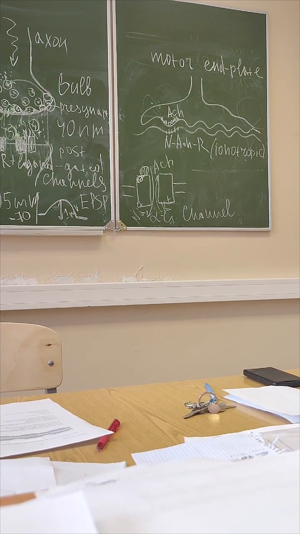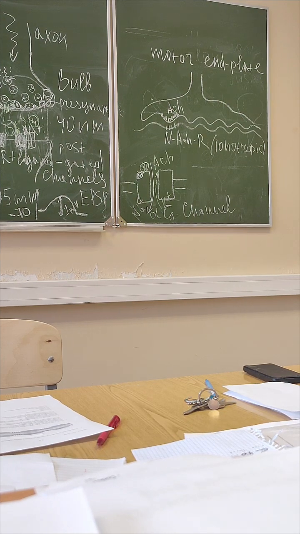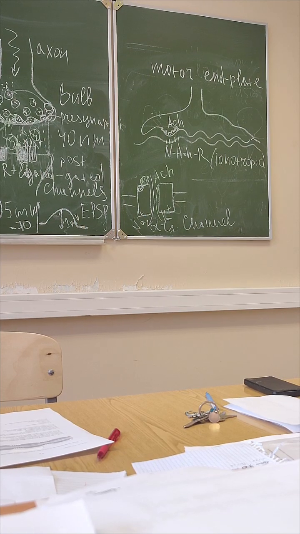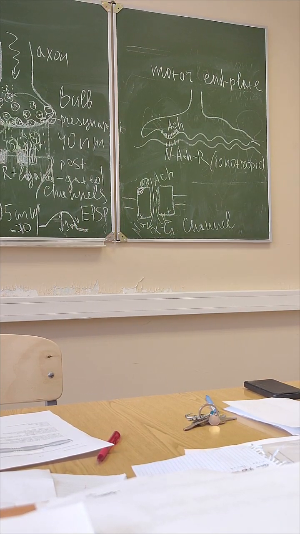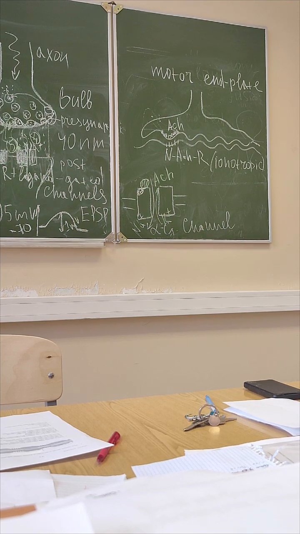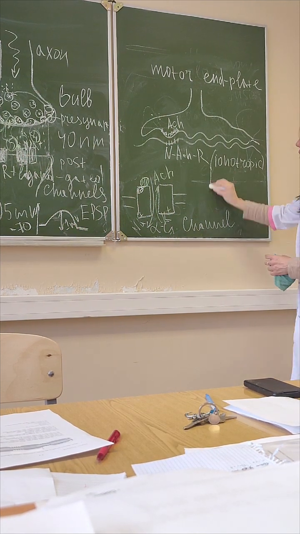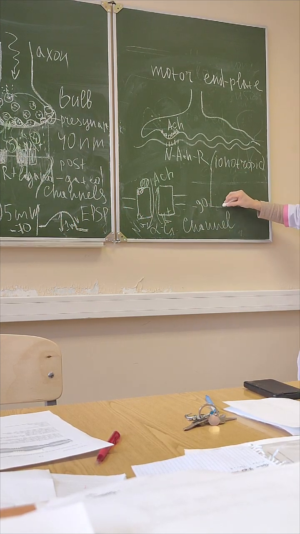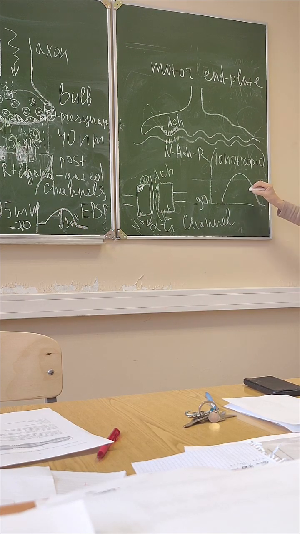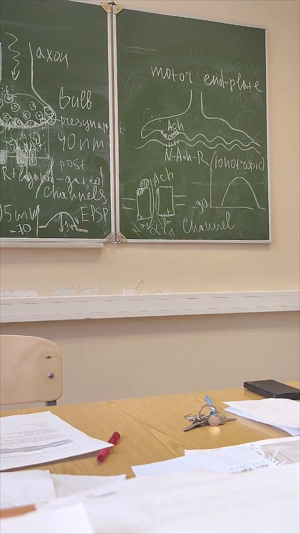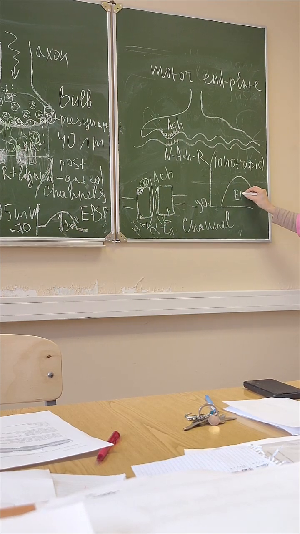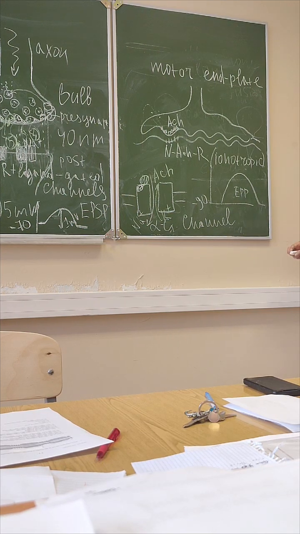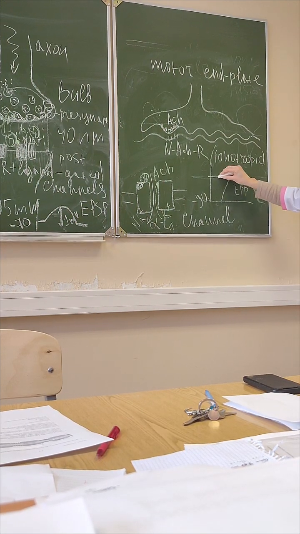The end plate contains a lot of vesicles releasing neurotransmitter during synaptic transmission, and a lot of nicotinic cholinergic receptors, and provides a big EPSP. Resting membrane potential is minus 90 in skeletal muscle. This big EPSP is called the end plate potential, amplitude about 30-40 millivolts.